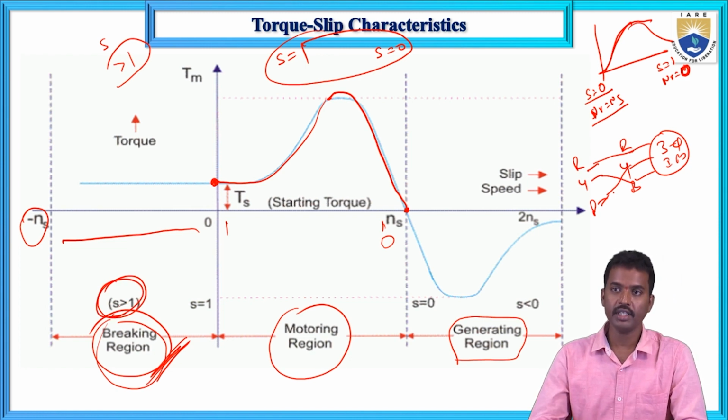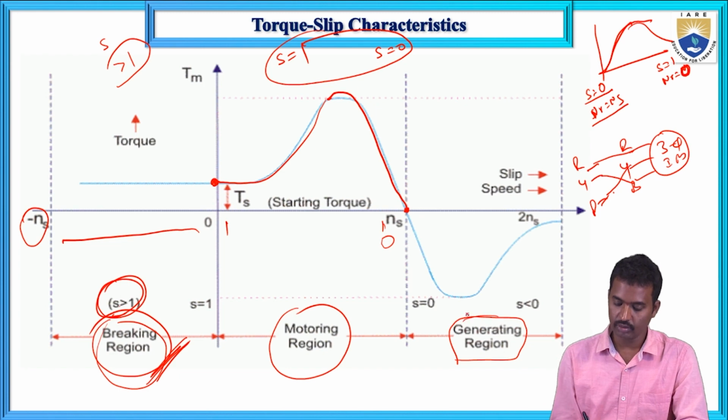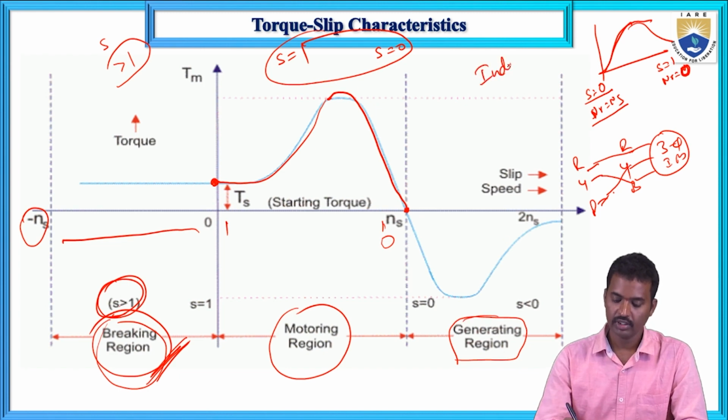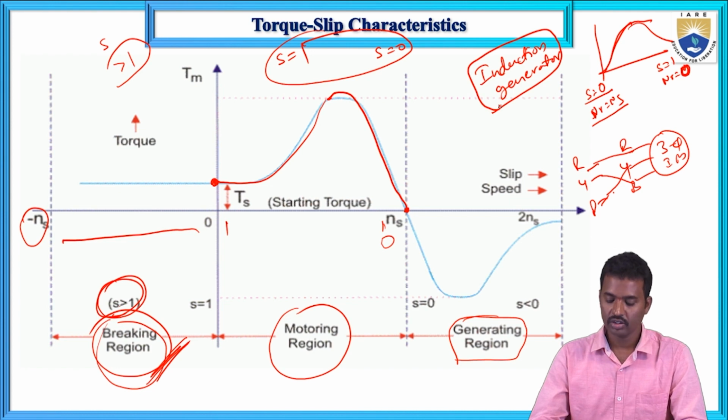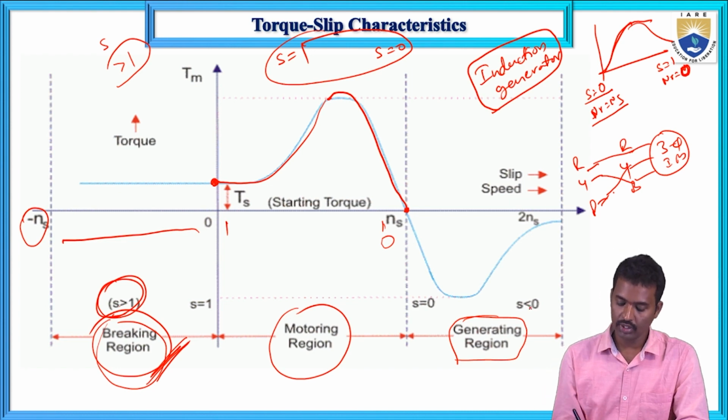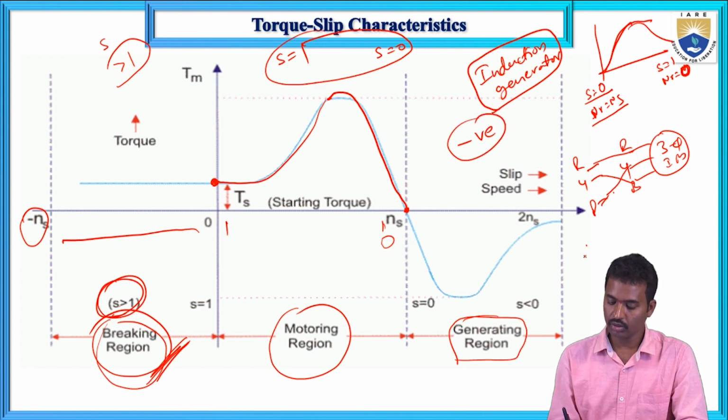Now at the generating stage, the induction generator case, what will happen? Slip is negative, which means it rotates above the synchronous speed. So NR is above the synchronous speed.